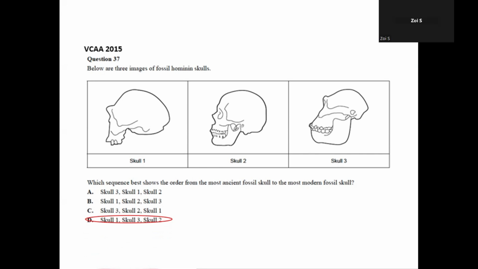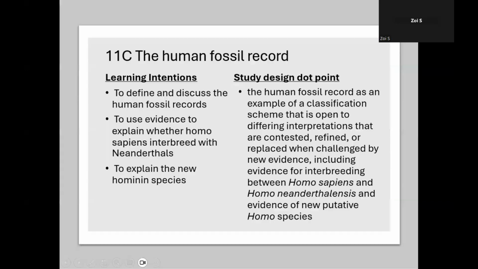Even comparing the teeth between the Australopithecus versus skull number one, you can see that skull number one has much larger teeth as well. So that can be a key indicator of which one is the older one. Obviously, skull 2 is more of a human skull, so that is the most recent one. Hopefully you guys get better at recognizing it over time.